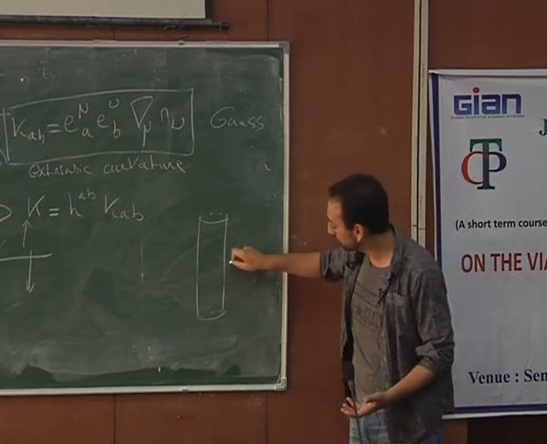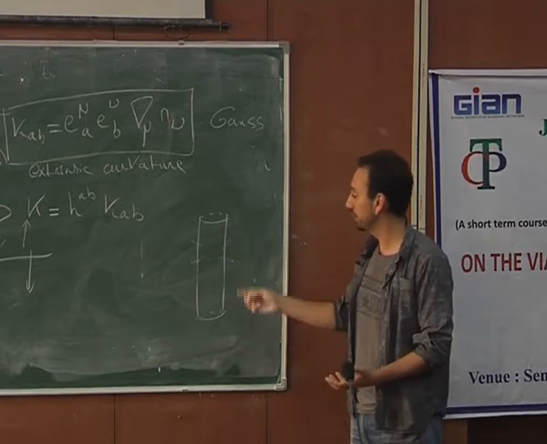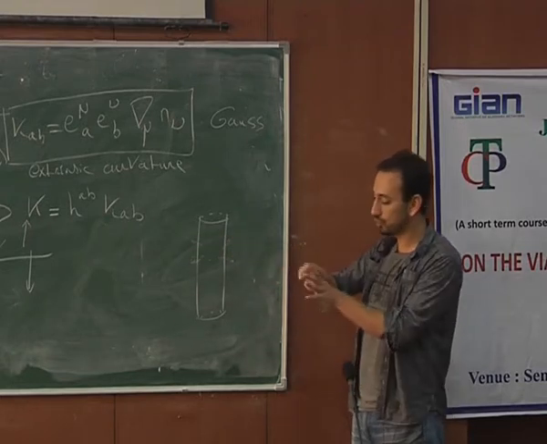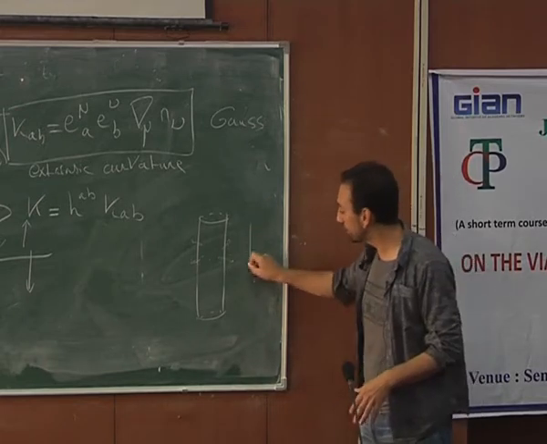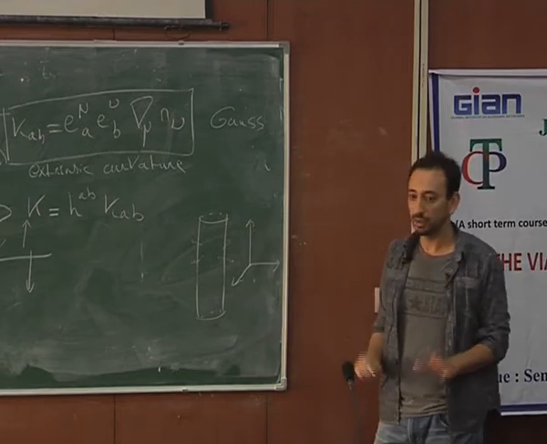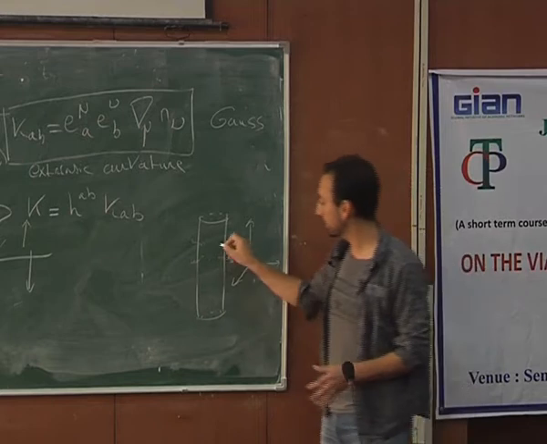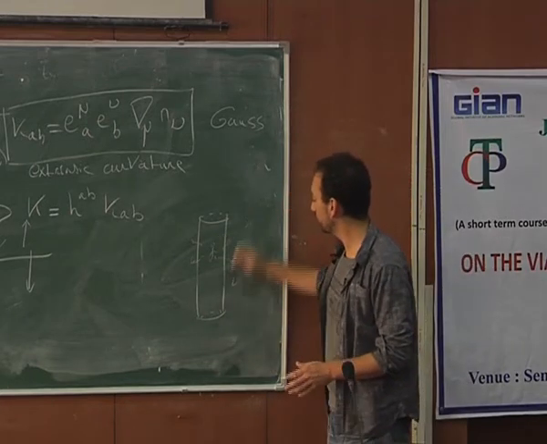Because I see that the normal vector is mathematically rotating. It's changing direction. So that space is curved. But it's just because I include it in a bigger space. But if I am someone living on that hypersurface, I have no knowledge of this.